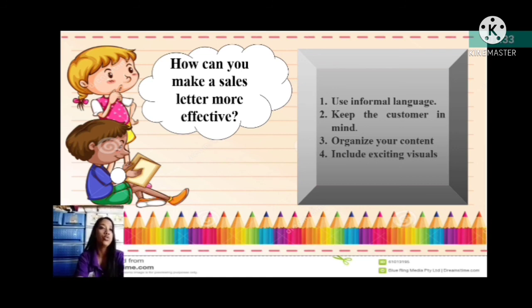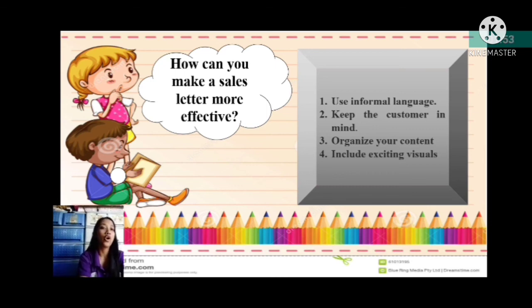Number 2, keep the customers in mind. Write with the mindset of what customers would like to hear. Make sure that your words answer the customer's question: what is in it for me?